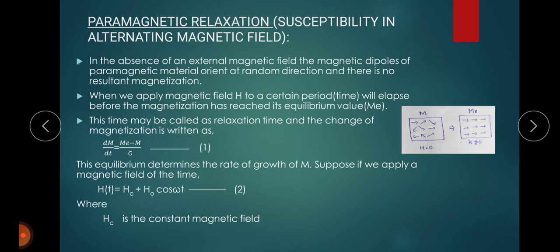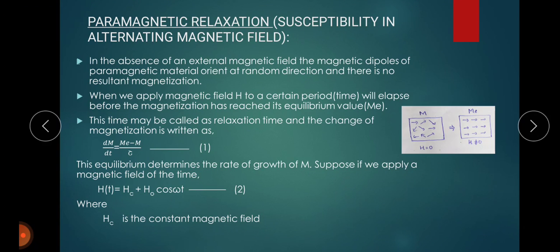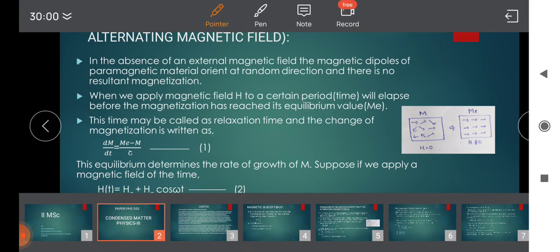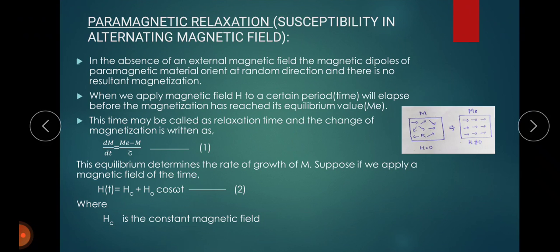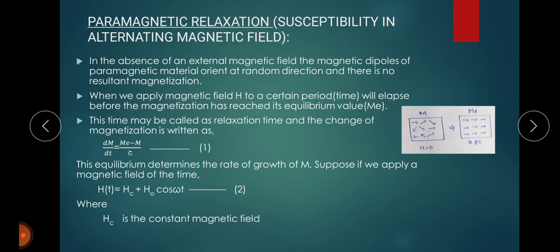This determines the rate of growth of M. If we apply a magnetic field with respect to time, then the magnetic field intensity H can be written as H(t) equals Hc plus H naught cos omega t.